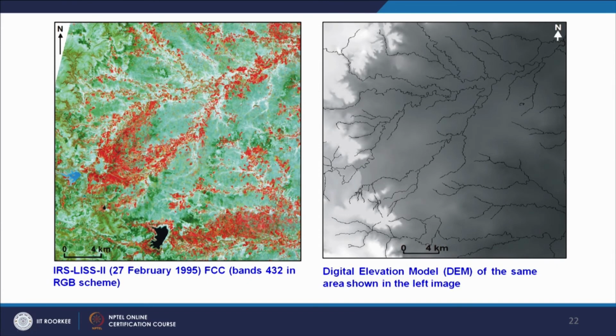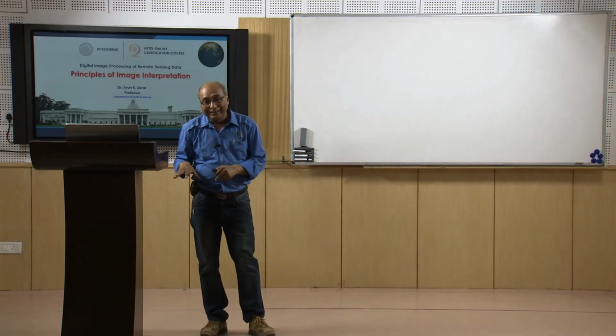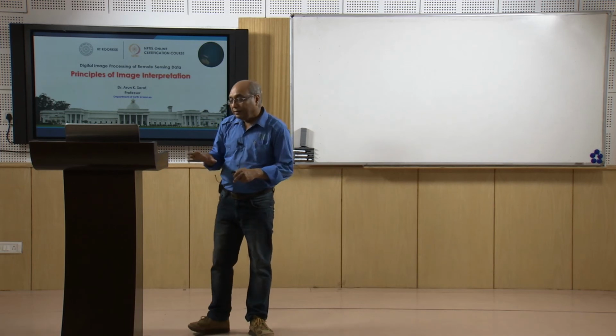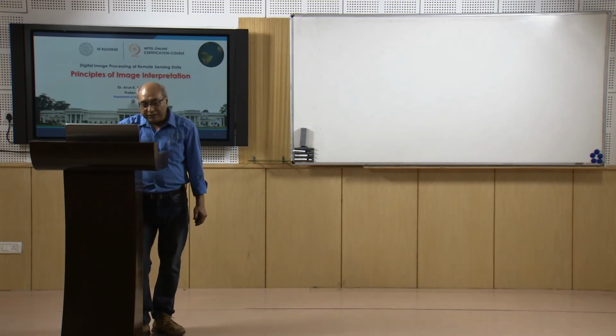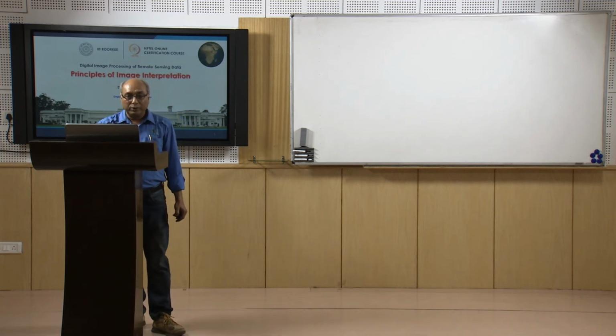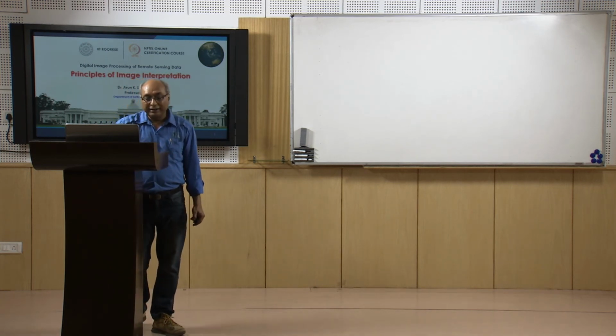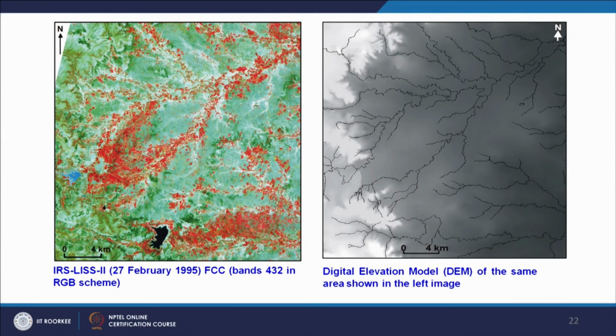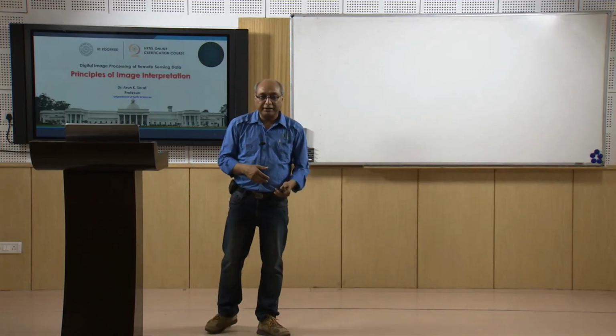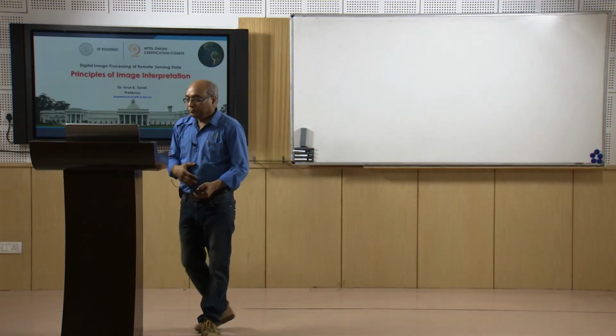So here one can argue that they might be polluted, or might be completely clean with no turbidity, and therefore it is appearing dark. So when we want to make sure 100% what is really on the ground, at that time it has to be checked on the ground. But after checking the ground, if you are seeing similar characteristics in other similar reservoirs, then one develops interpretation skills and can make better interpretations on images.